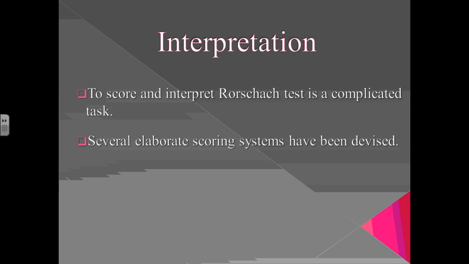But because these systems have not proved to have much predictive value, most psychologists base their interpretations on an impressionistic evaluation of the responses recorded as well as the subject's general reaction to the test situation. For example, is the individual defensive, open, competitive, cooperative, and so on.